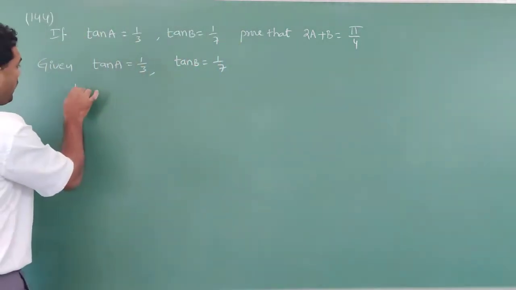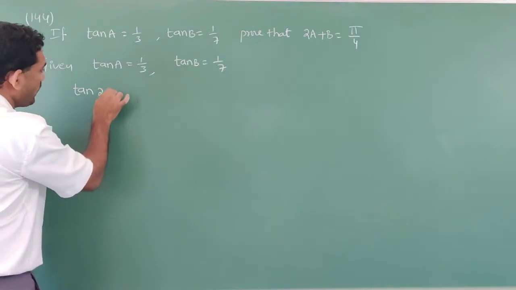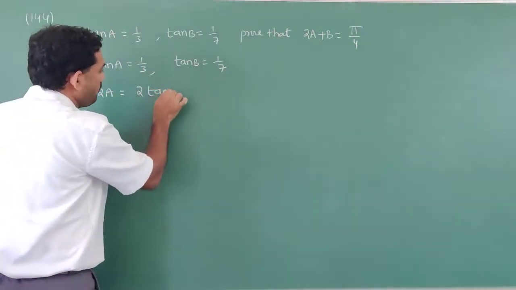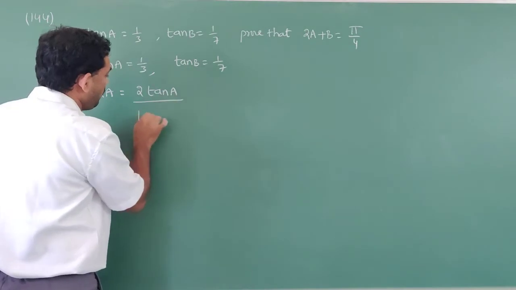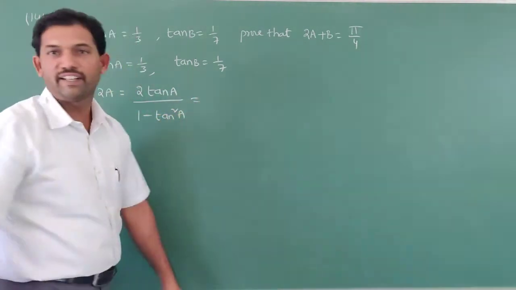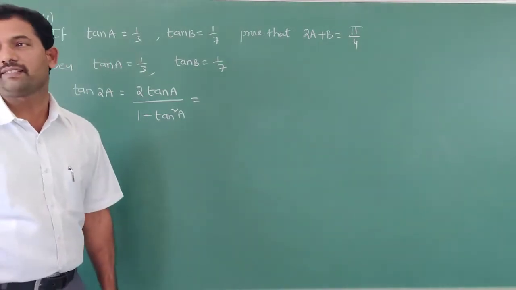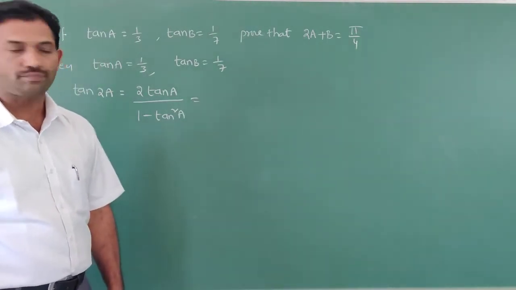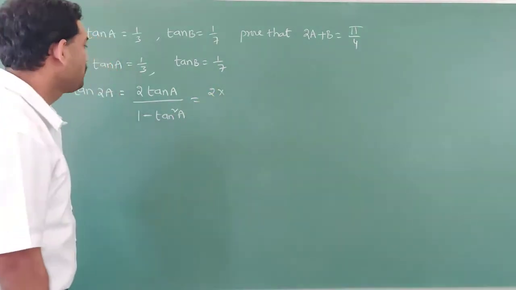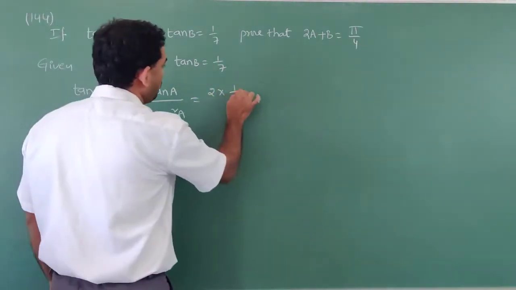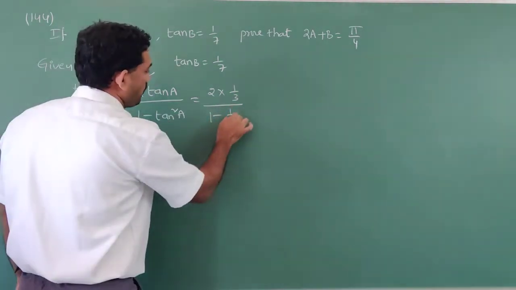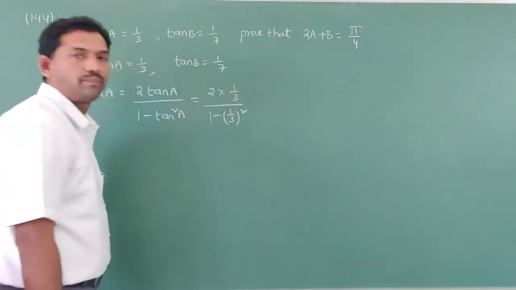So tan 2A, what is our formula? 2 tan A divided by 1 minus tan square A. So 2 into tan A, 1 by 3, divided by 1 minus 1 by 3 whole square.